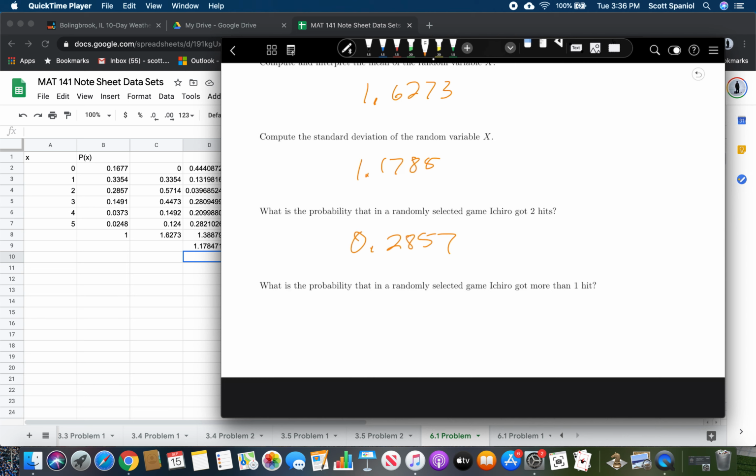And so then we just have to add up all the ones that are more than 1 hit. So 0.2857 plus 0.1491 plus 0.0373 plus 0.0248.